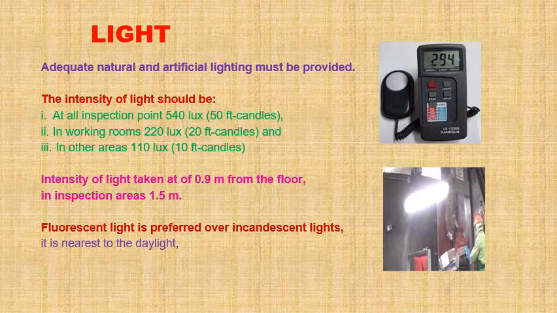This light intensity is measured at 0.9 meter height from the floor, except in the inspection area where the height taken is 1.5 meter. There is an instrument called a lux meter to measure this light intensity. Generally, fluorescent light is preferred over incandescent lights because fluorescent light is nearer to daylight.